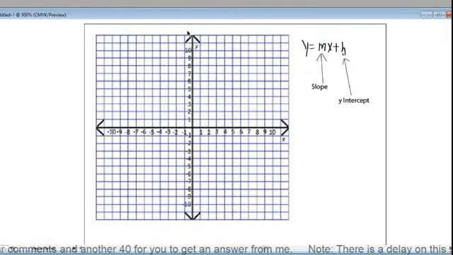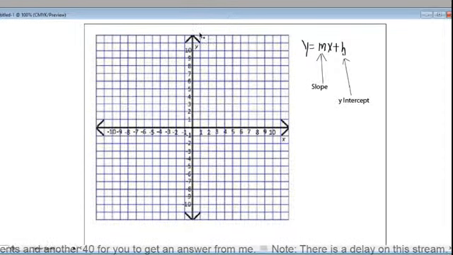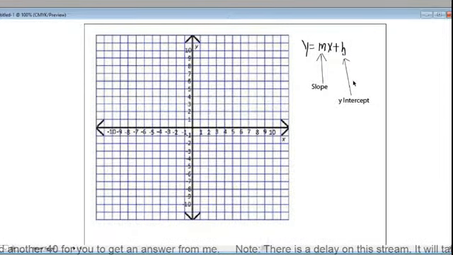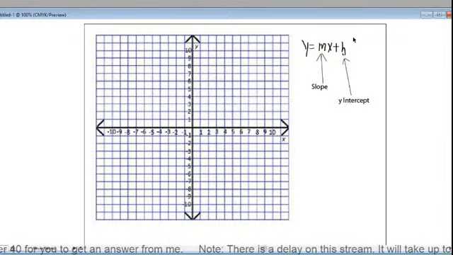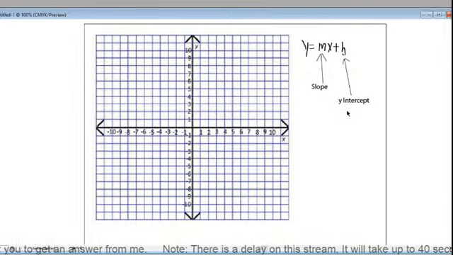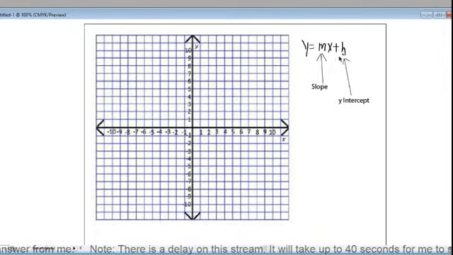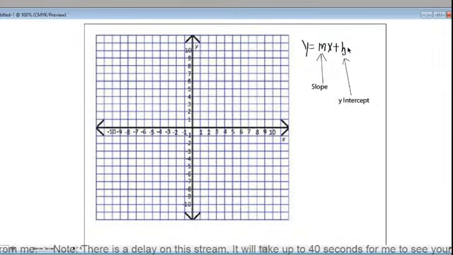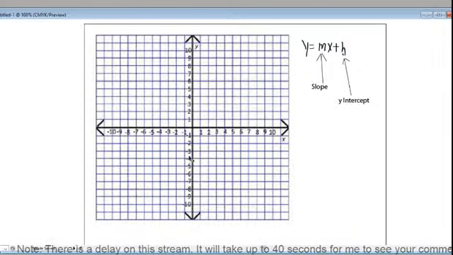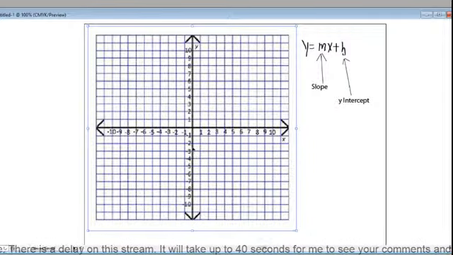So it'll cross somewhere along here, we just don't know where. However, if we look at the b part of our equation, it will tell us where that's going to cross. So for instance, if b were -3, then our line is going to cross here at -3.